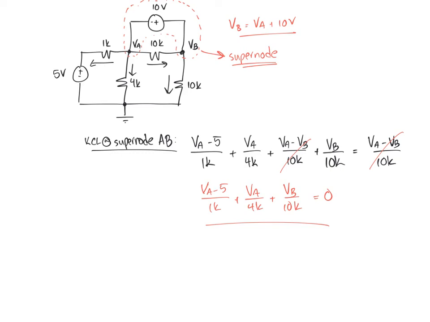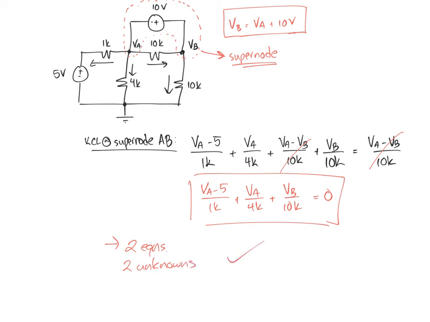So I have one KCL equation in terms of VA and VB, and I have the constraint of VA and VB. Those are my two equations to solve for my two unknowns. And I get the same solution as in the previous slide.